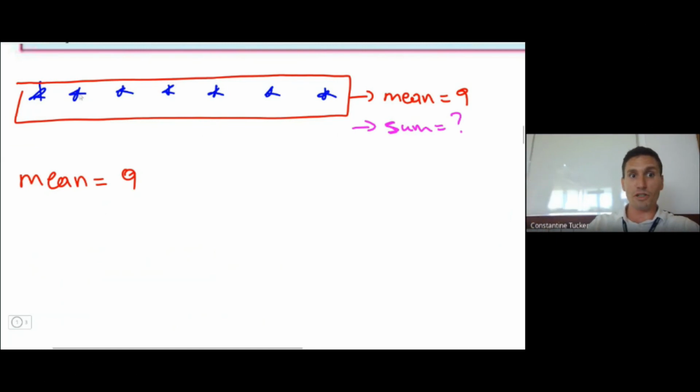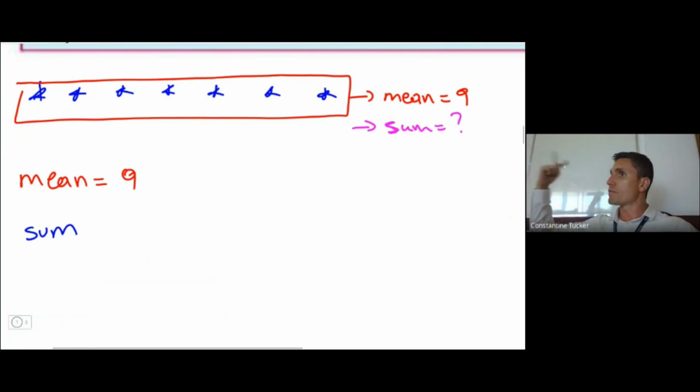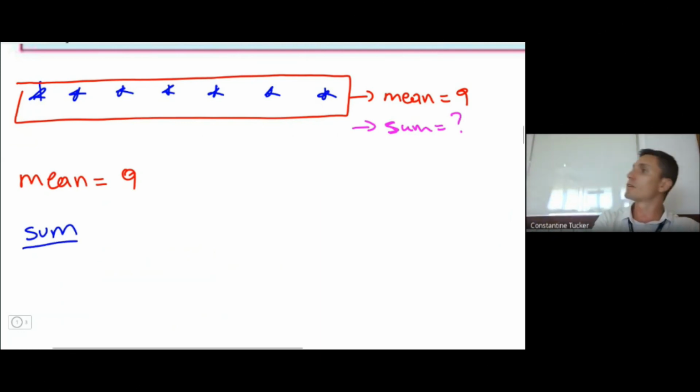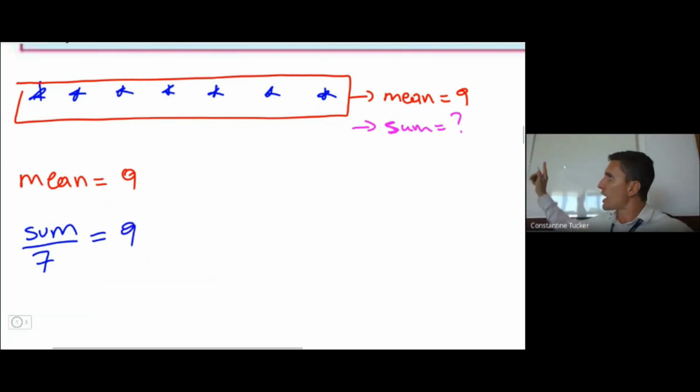Okay, so we've got 1, 2, 3, 4, 5, 6, 7. So to find the mean, what do I do? I add them. Let's call it the sum. And I divide by how many things? By 7. And this is equal to 9. If I add them all up and divide by 7, because there are 7 things, that would be 9.